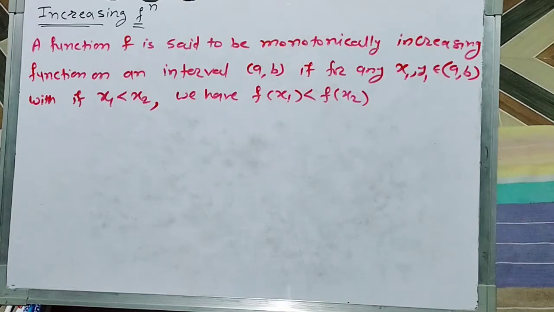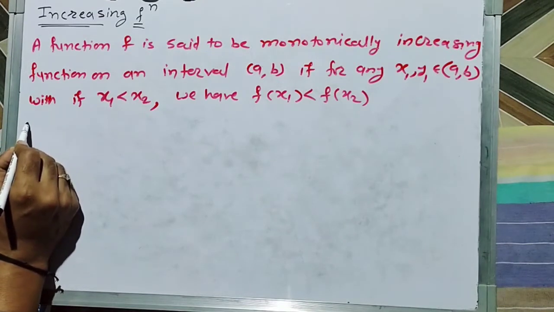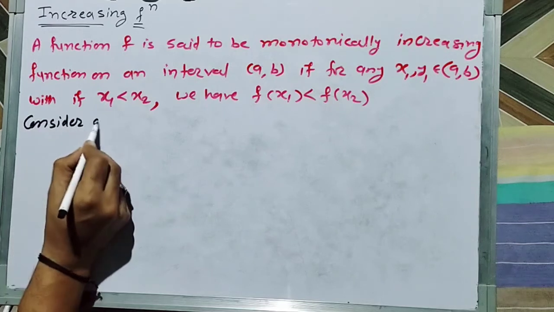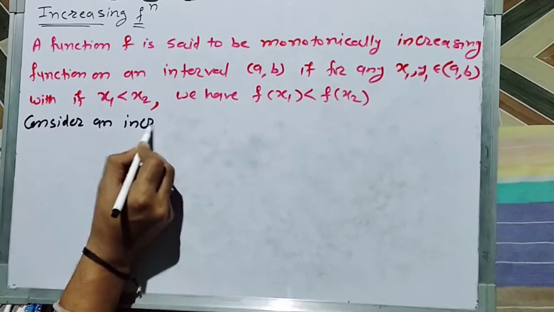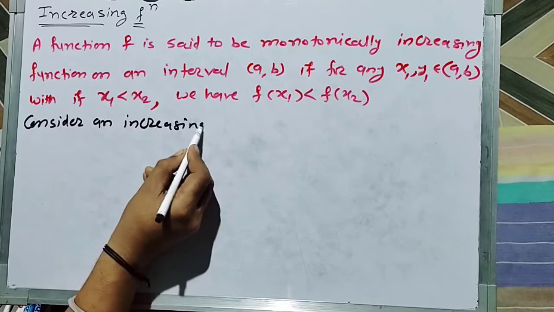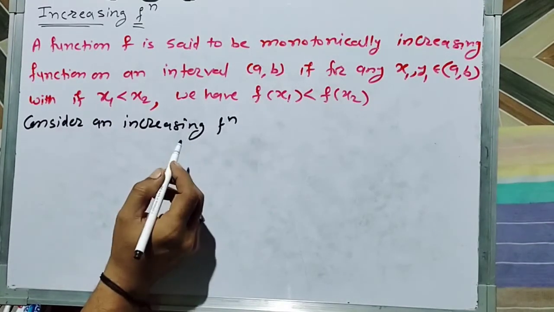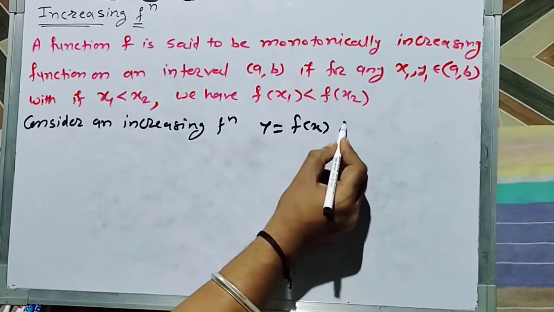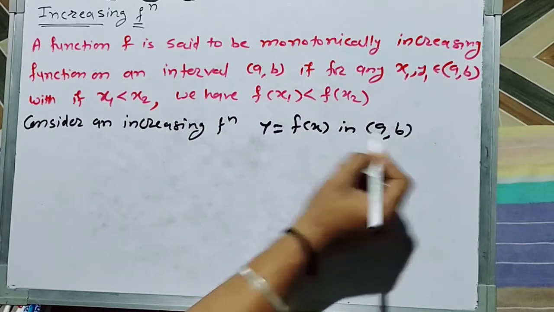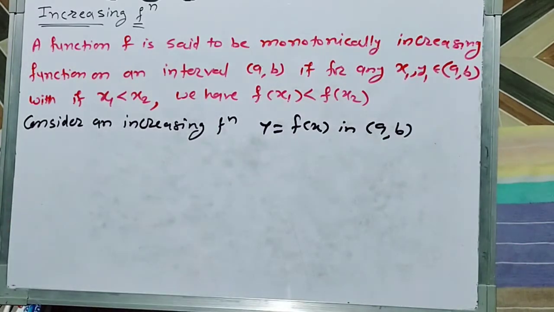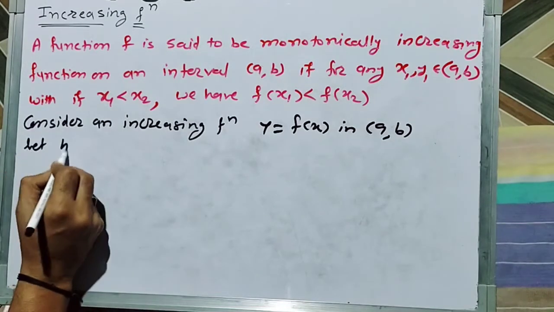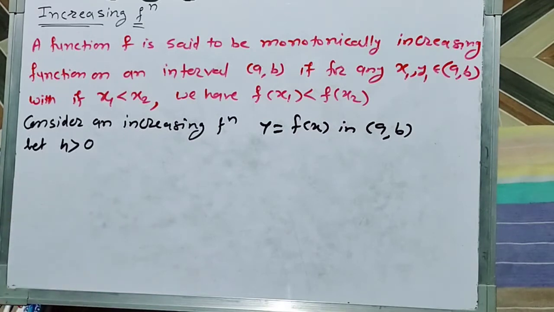Now consider an increasing function y is equal to f of x in the interval a to b, and let h be greater than 0 with a small increment in x.